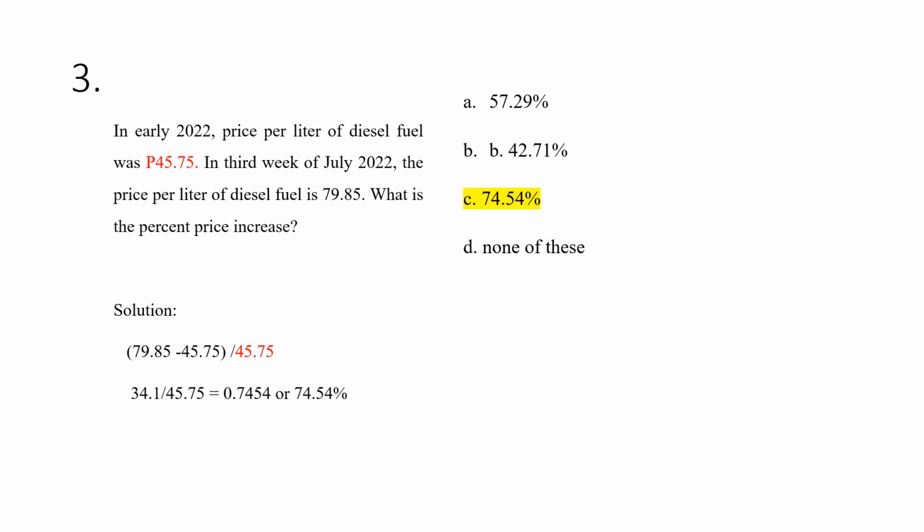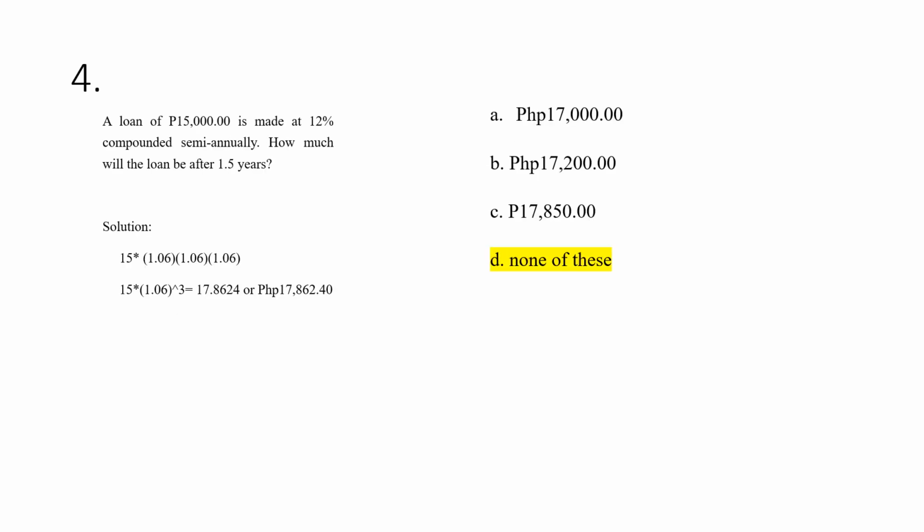So the price increase in terms of value will be 79.85 minus 45.75, and that would be 34.1. Then we divide this by the original price of 45.75, so we get a final price increase percentage of 74.54%.